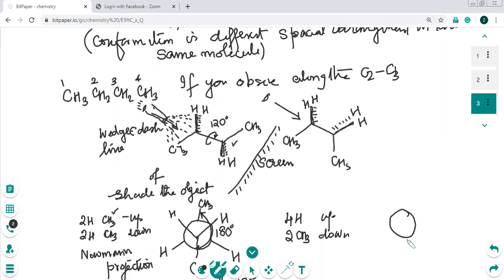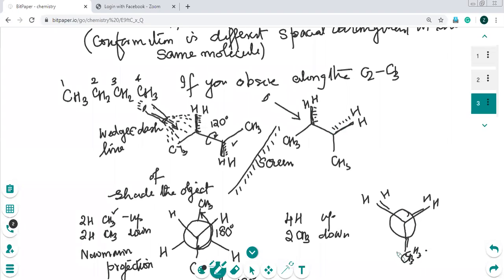The two CH3s are one behind the other, and two hydrogens are on the right hand side. On the other carbon, you have two more hydrogens, and one is behind the other. So this is what this molecule looks like.